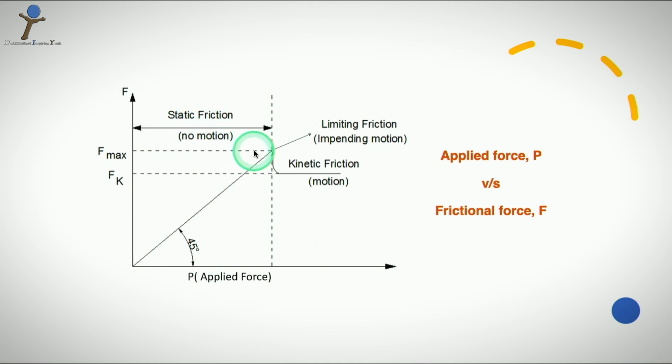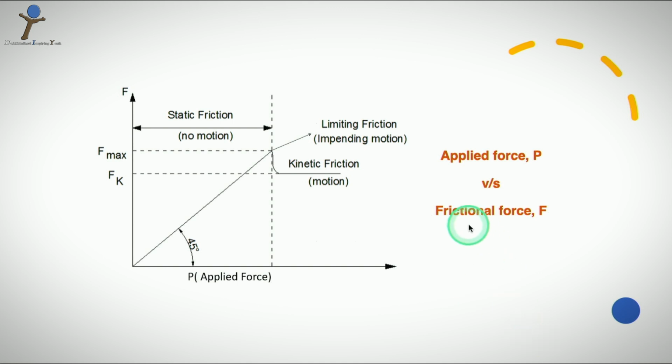When the body just starts its motion, it's called limiting friction, which is maximum frictional resistance. Once the body is under motion, it's known as kinetic friction.